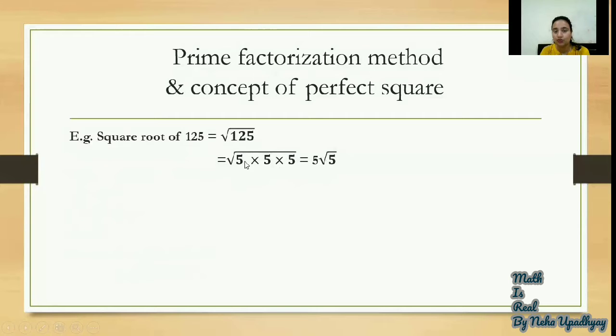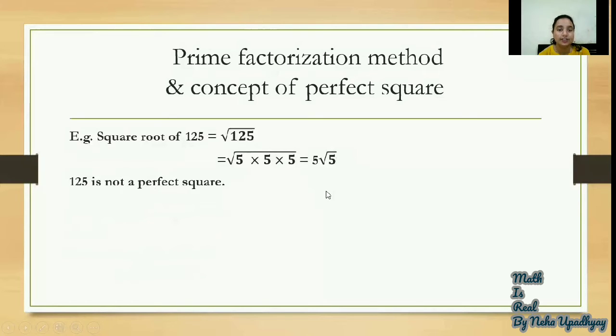So here two fives were making a pair. So 1 is out and this 5 which was left alone is inside. If something is left alone in the square root, then this number is not a perfect square. See, 125 is not a perfect square because something is left inside the square root.